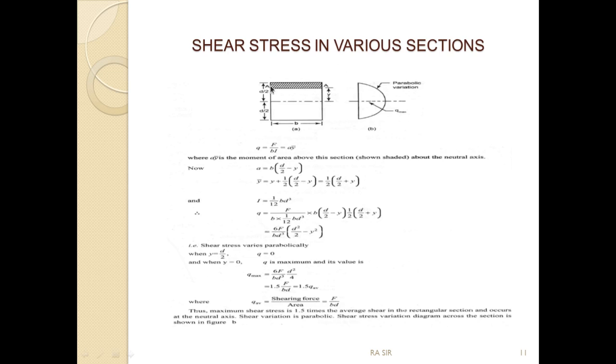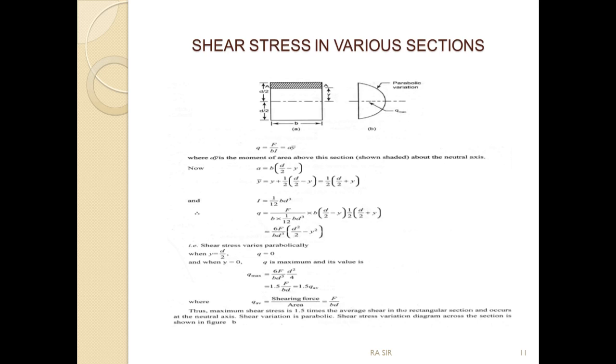This elemental area has a center, let's say c dashed, and the distance between the center of this elemental area and the neutral axis is y. So we are going to apply the equation q equals F by b I, which will give rise to the stress intensity within that particular block.